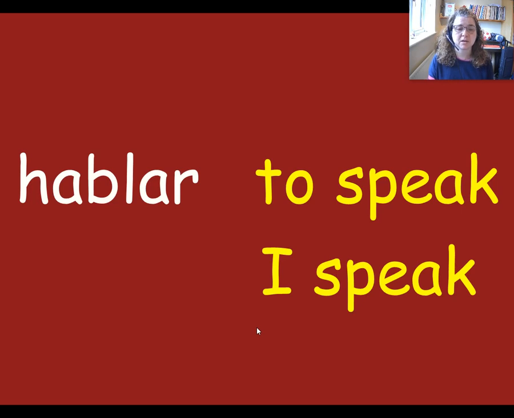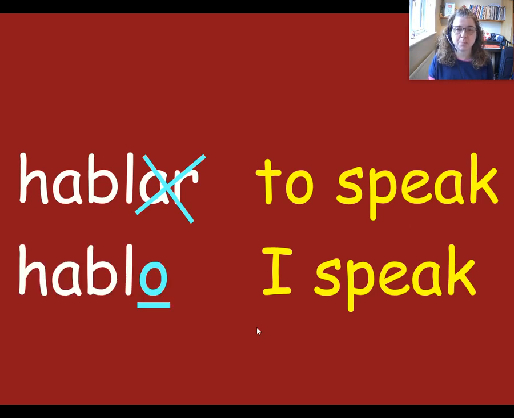And what we did was we crossed off that AR because we don't need it for I speak, but it shows us which set of endings we're going to need for this particular verb. So we know that I speak is hablo. The bit that's left over is called the stem, the habl bit, and we've put the O on the end of the stem to make hablo, which means I speak.